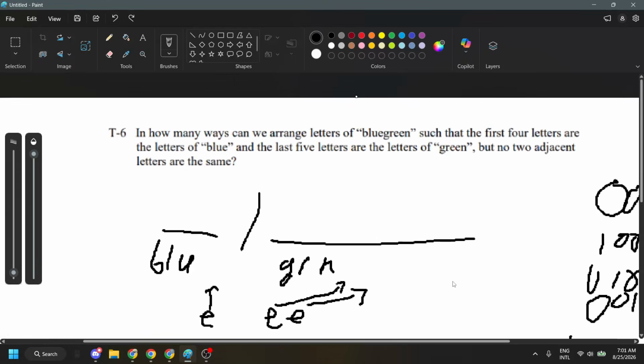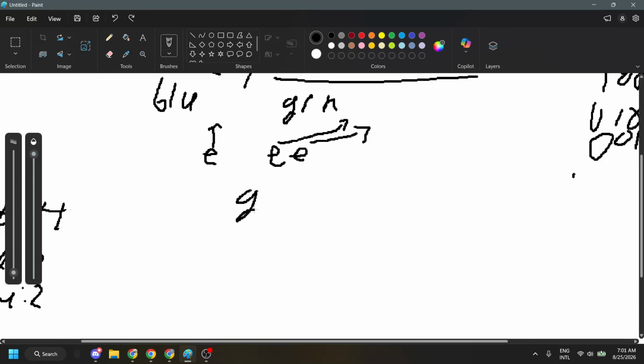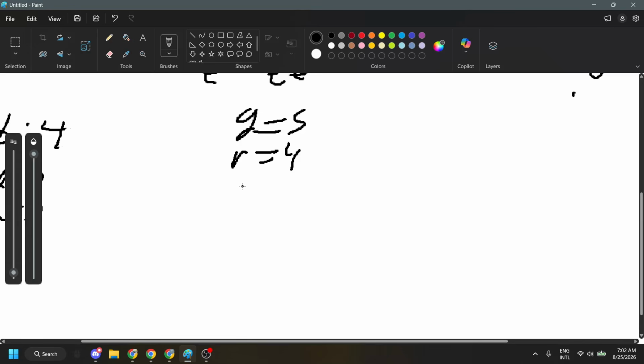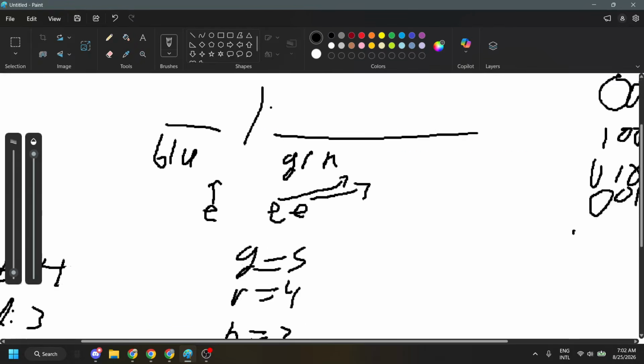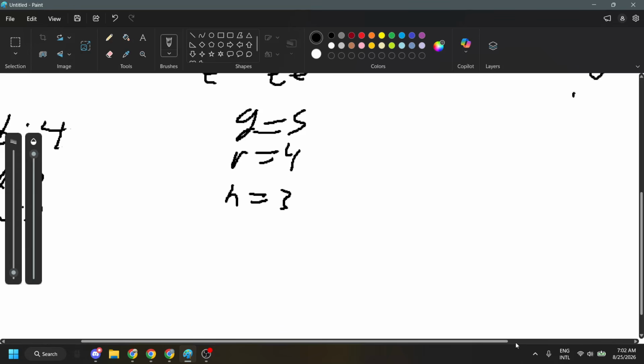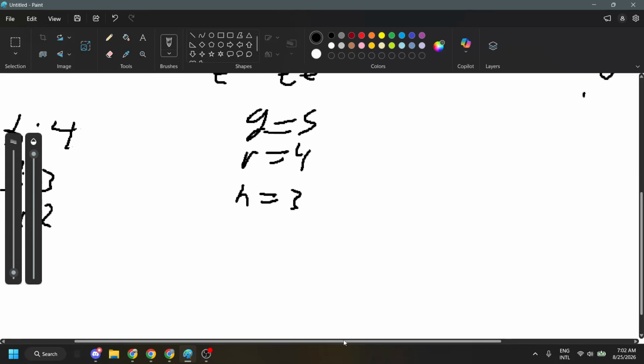For here, there are 5 letters, so there are 5 places to put G, 4 places to put R, 3 places to put N, then we have the E's.